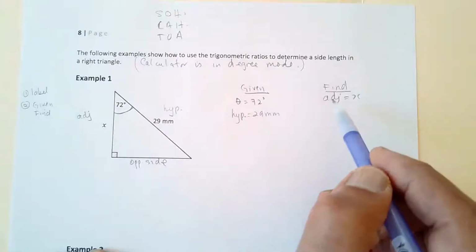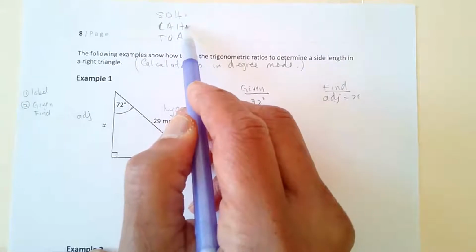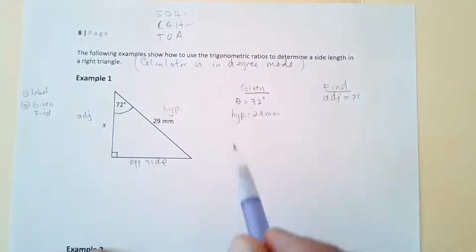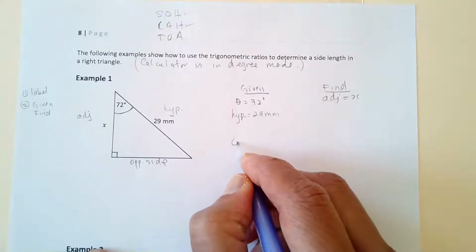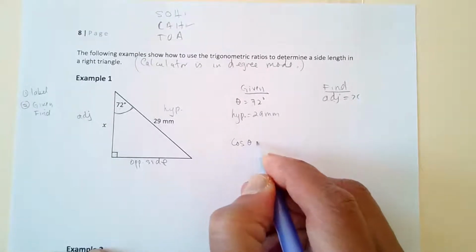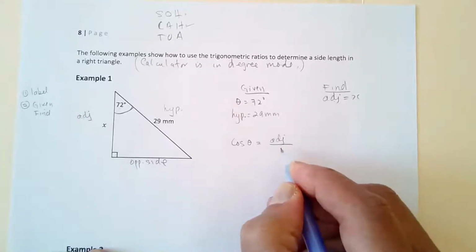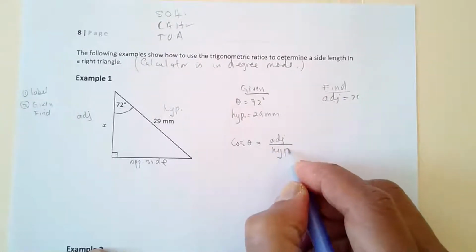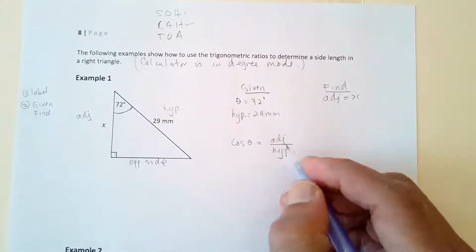Then I'm asked to find adjacent. Now, adjacent is not here, so therefore I'll be using cosine. So the cosine theta is my trig ratio. So I'll write that down. Cosine theta is adjacent side over the hypotenuse. So this is my trig ratios.